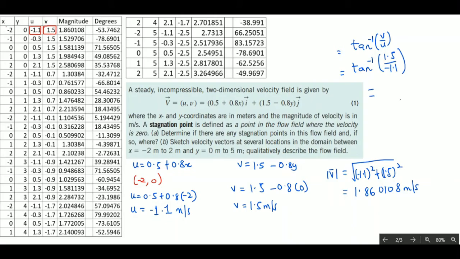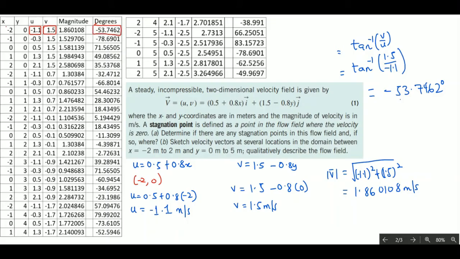When you're doing this, make sure your calculator is set to degrees. So tan inverse of 1.5 divided by -1.1 gives us -53.7462 degrees, like what we have here.